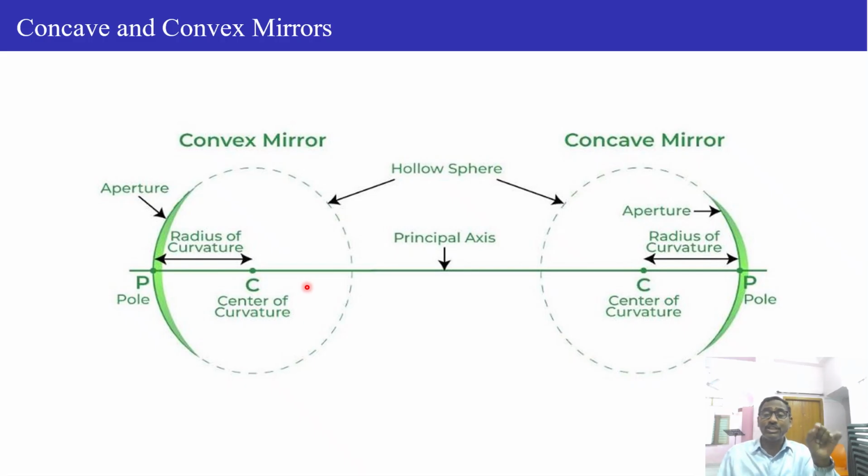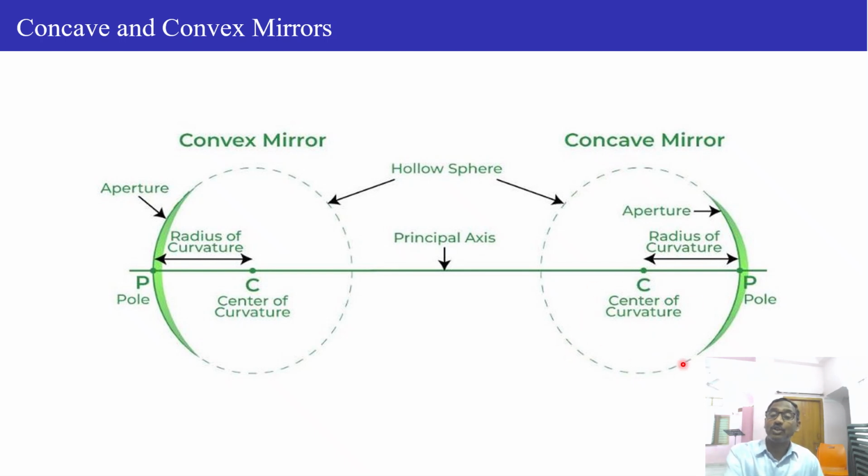The line which is joining the pole and center of curvature. Got it? The line which is joining pole and center of curvature is known as the principal axis.